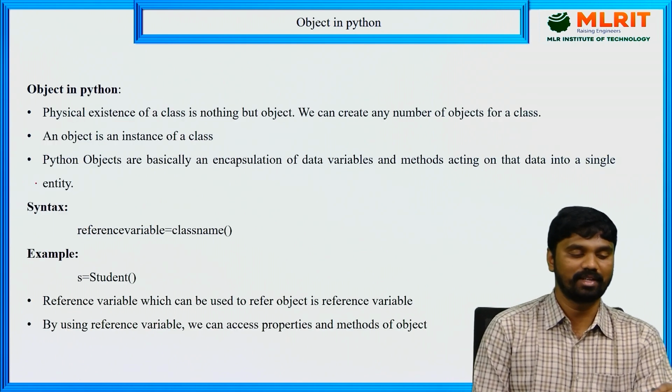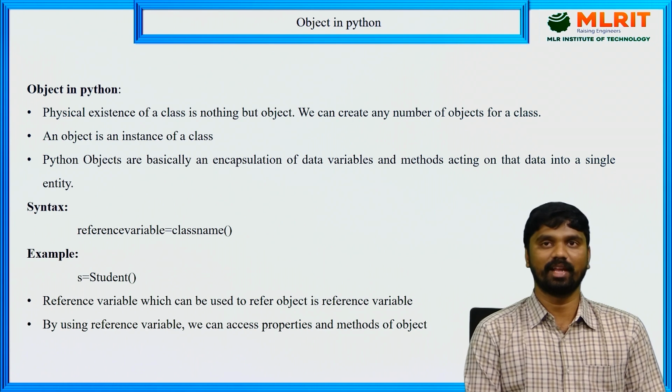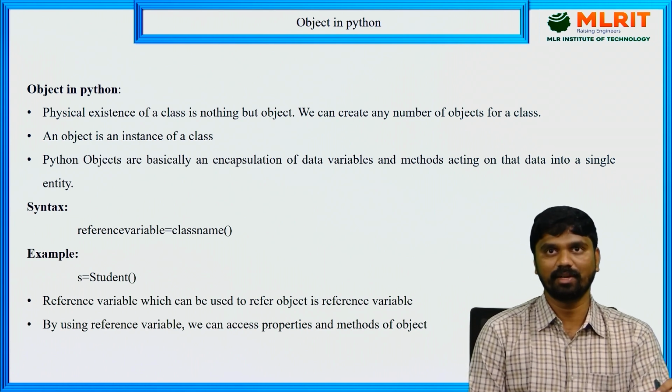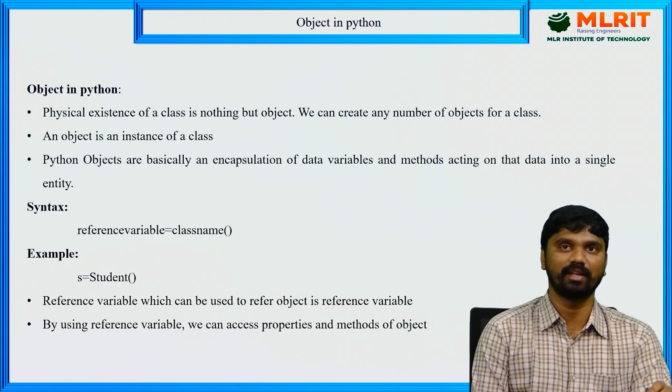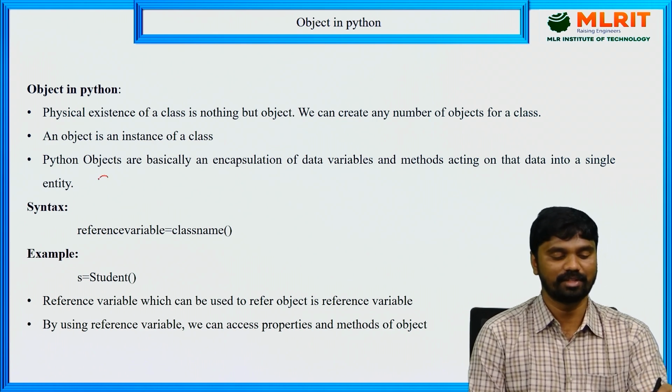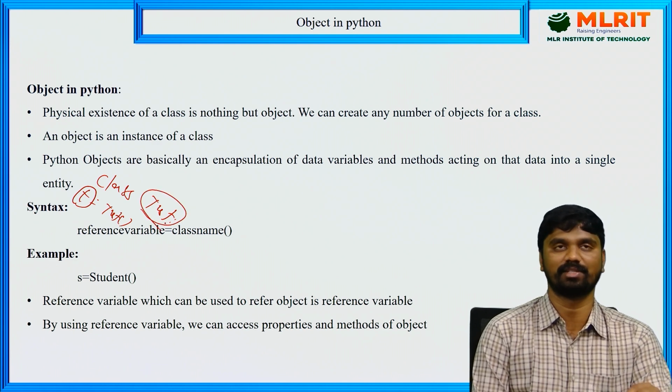Now see what an object is in Python. A class is a logical entity, and an object is a physical entity, the physical existence of a class. For example, here we have class Test, and t equals Test. Now t is the object of this Test class.